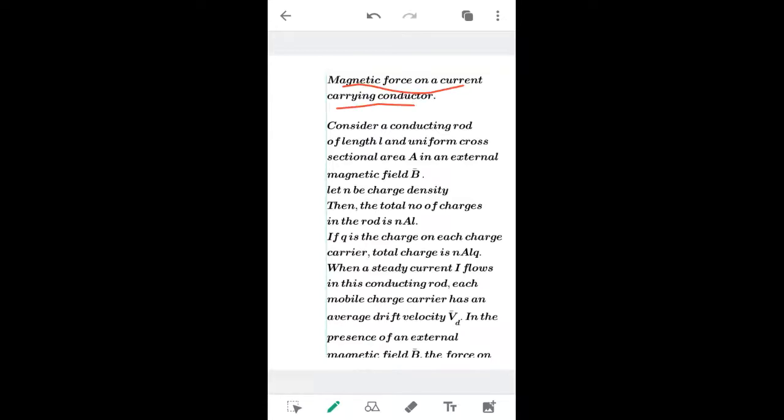Let us consider a conductor of length L, which has a cross-sectional area A, placed in an external magnetic field.